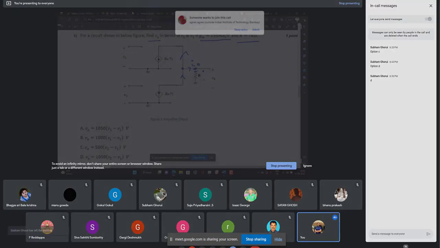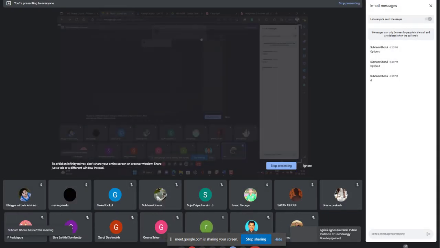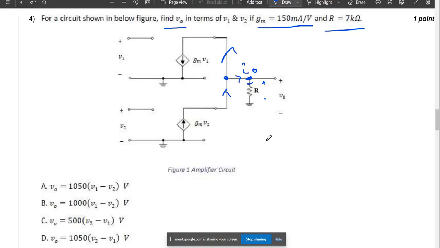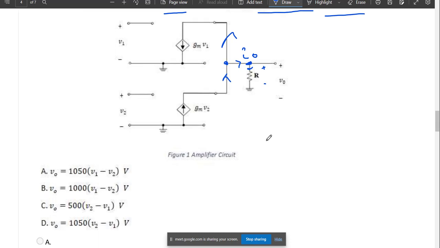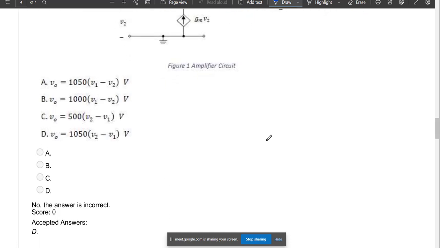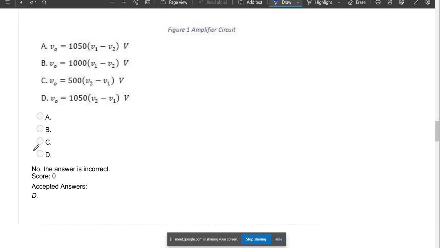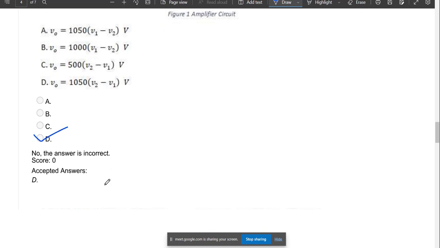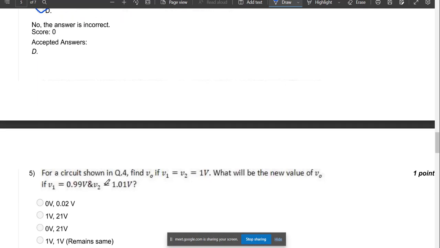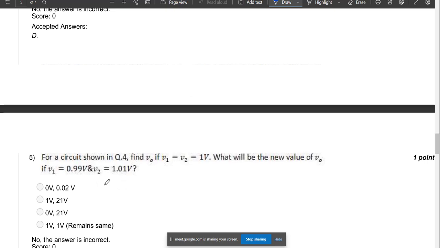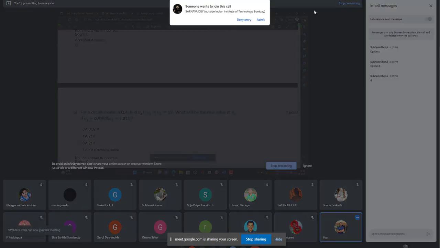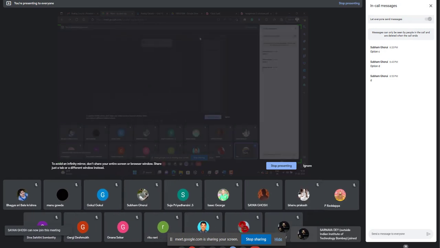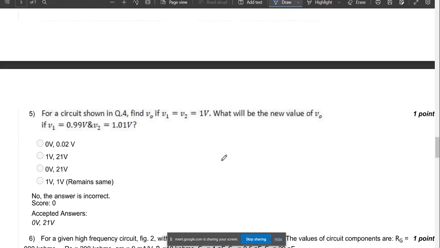So it's a subtractor circuit. If you have got this value, the answer option D is the correct option. I want everyone to solve this next question; you just have to put values in the formula.